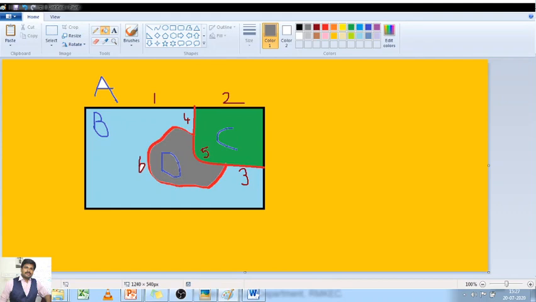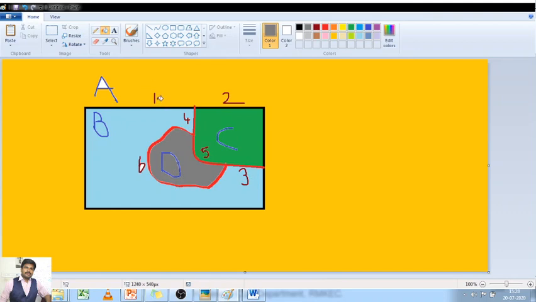Sorry, I didn't see the chat box. LB, you have asked a doubt: why not B to C for R3? Let's take into consideration 1 and 3 simultaneously. Students, I'll just explain this doubt and we will move back to the question.